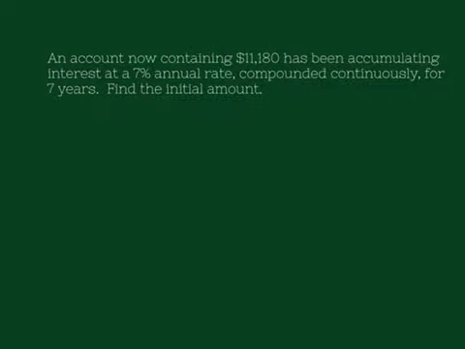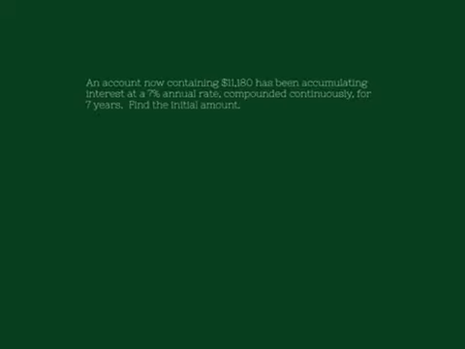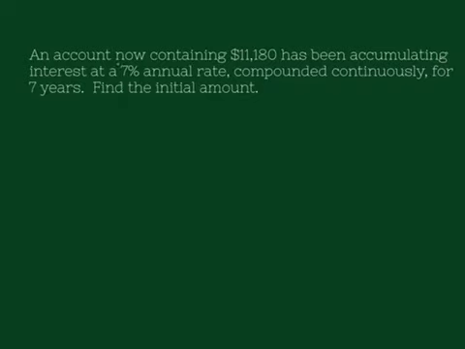Okay, so our final example is going to be just slightly different. An account now contains $11,180. So that is A. It's been accumulating interest at a 7% rate, so R is equal to 0.07.